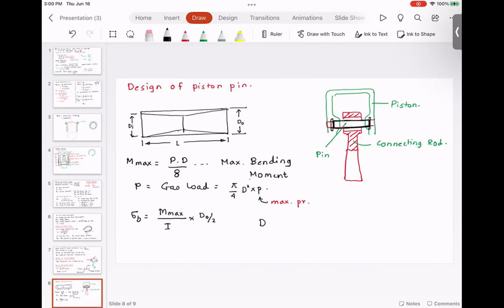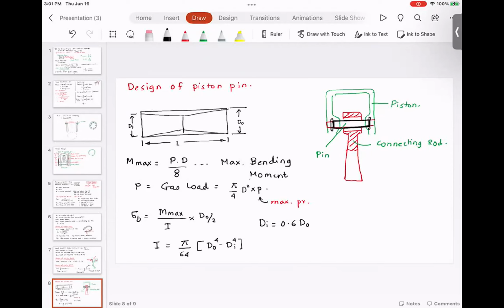And typically dI is equal to 0.6 times dO. And I is pi by 64 times (d outside to the power 4 minus d inside to the power 4).